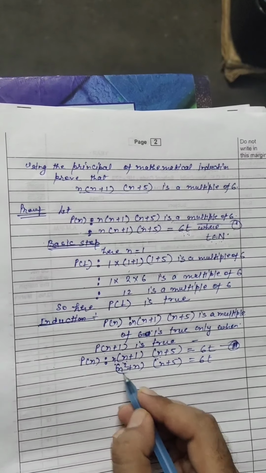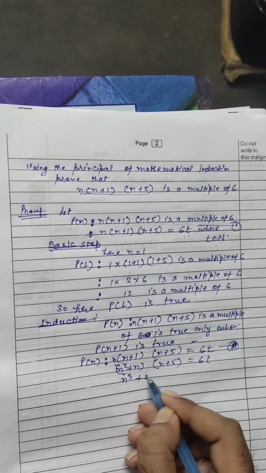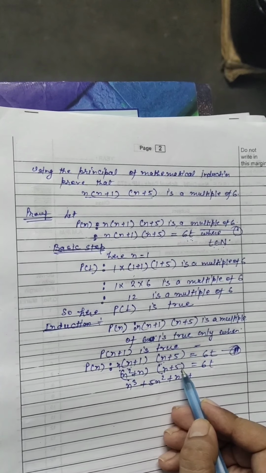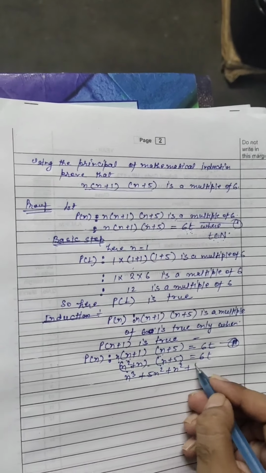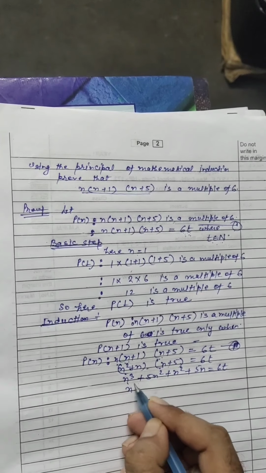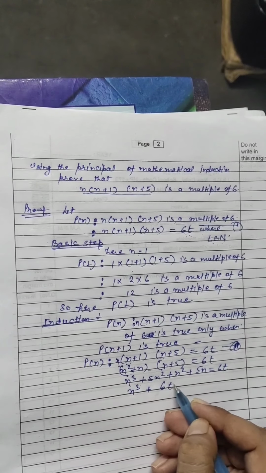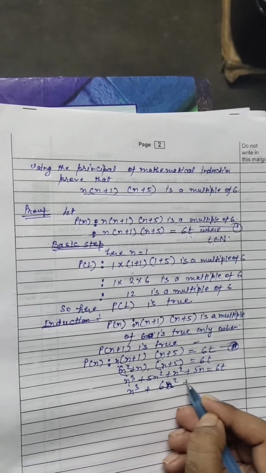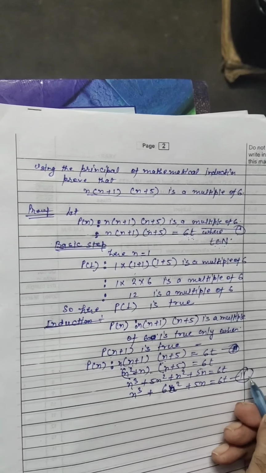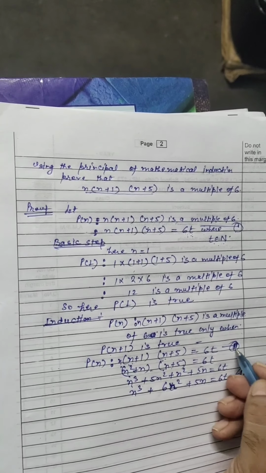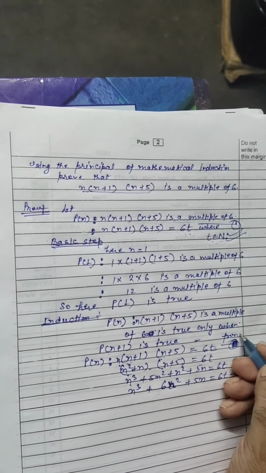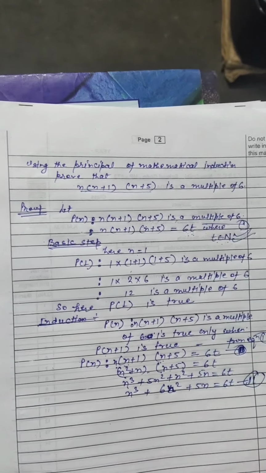Now n square multiplied by n is n cube, plus 5n square, plus n square, plus 5n is equal to 6t. So finally we have n cube plus 6n square plus 5n is equal to 6t. This is from equation first. Is it clear?